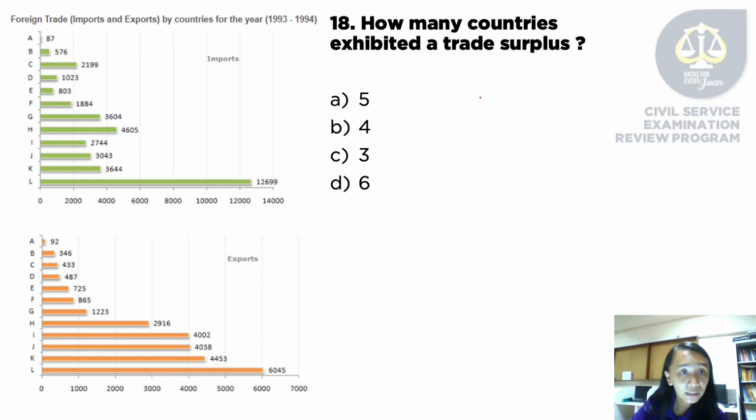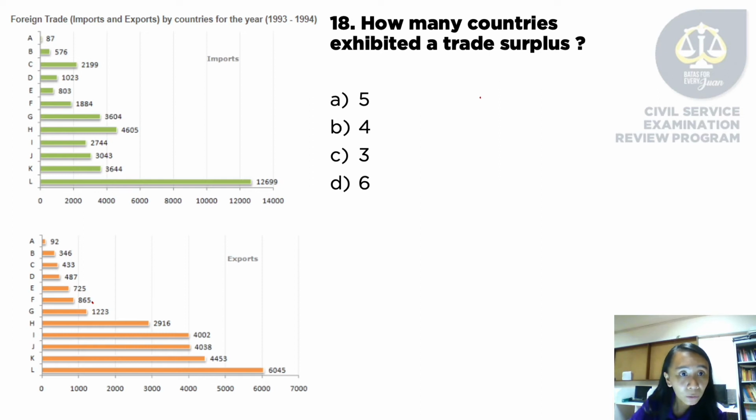For country D, 1,023 and 487, again a trade deficit. Country E, 803 and 725, a trade deficit. 1884 for imports of country F, and for country F exports, 865, therefore again a trade deficit.